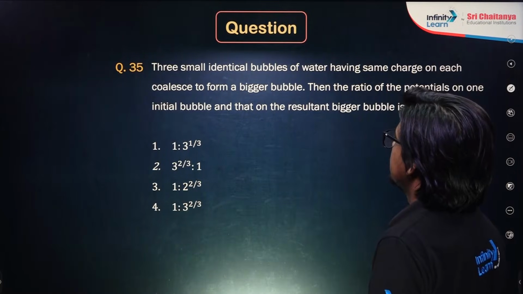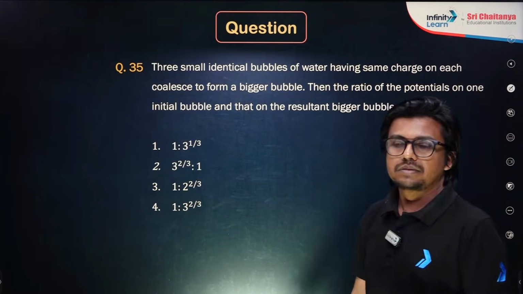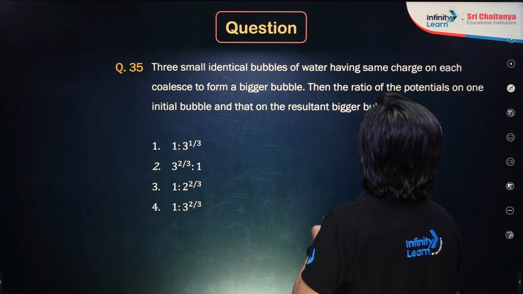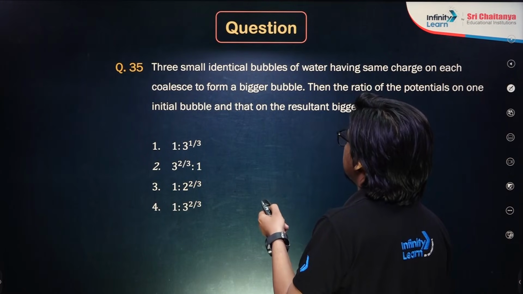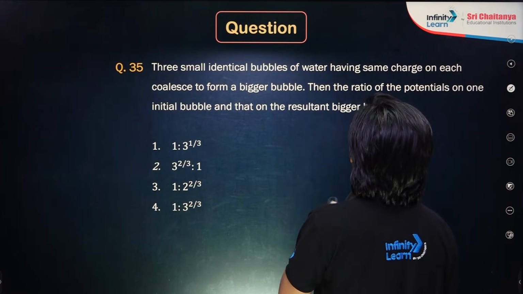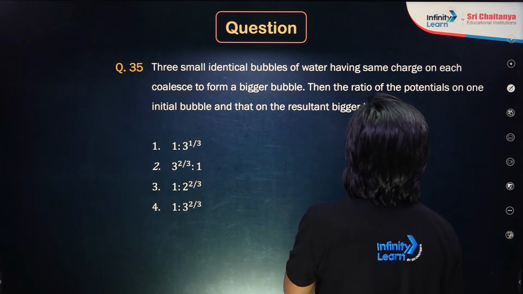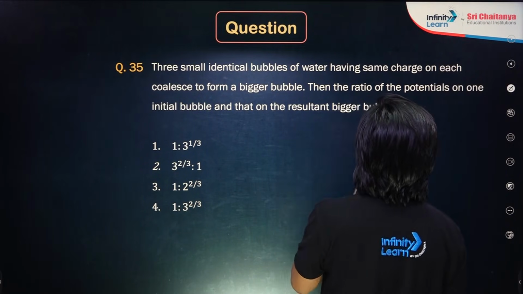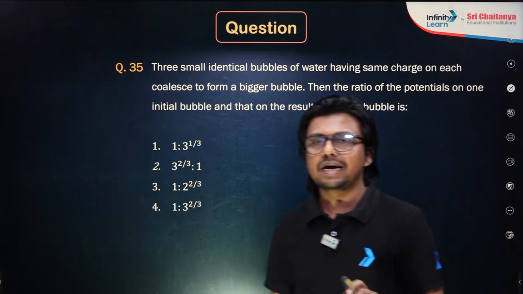Now the next question. 3 small identical bubbles of water having the same charge on each coalesce to form a bigger bubble. Then the ratio of the potentials on one initial bubble and that on the resultant bigger bubble is? So the radius will actually change.